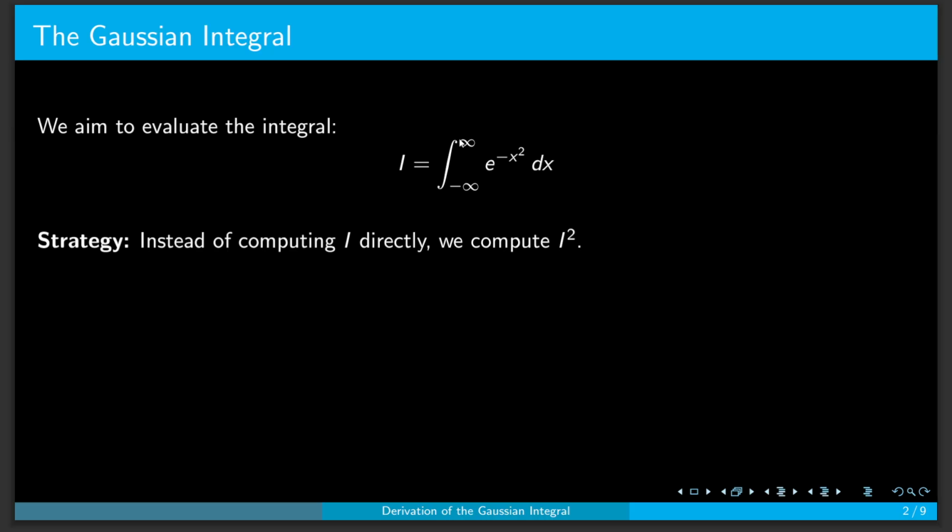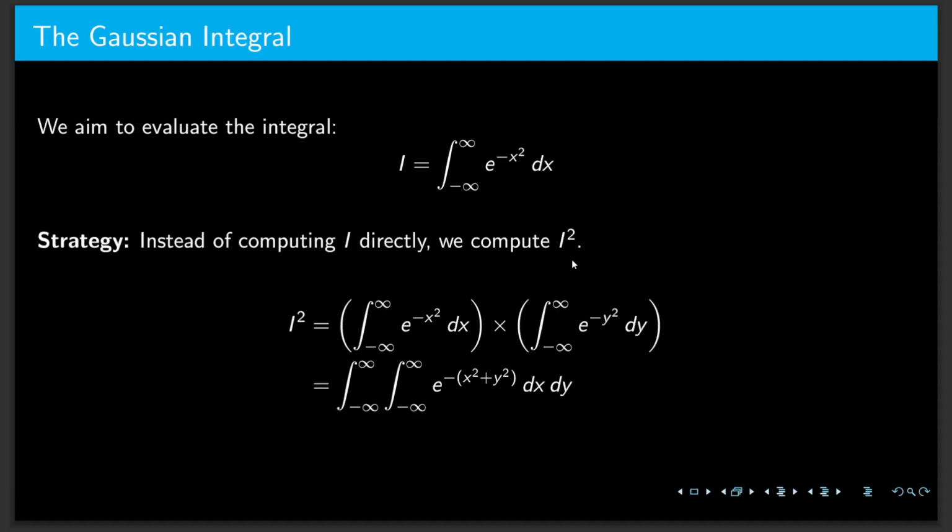So, the strategy is that instead of computing I directly, we compute I squared. So what we do here, we replace this x with y, and of course dx will be replaced by dy. So we have this kind of integral.